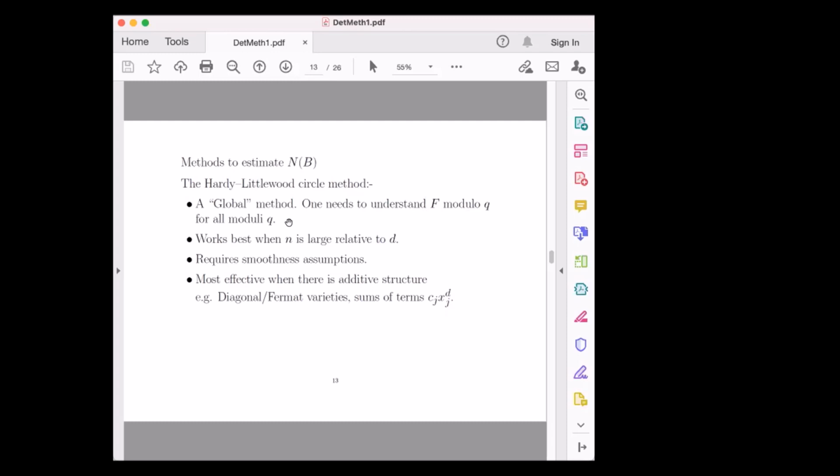If there's even one modulus where we don't understand how f behaves, then we can't make the circle method work. Secondly, it works best when n is relatively large compared to d. And we saw in Birch's theorem that n has to be exponentially large in terms of d for that particular theorem.